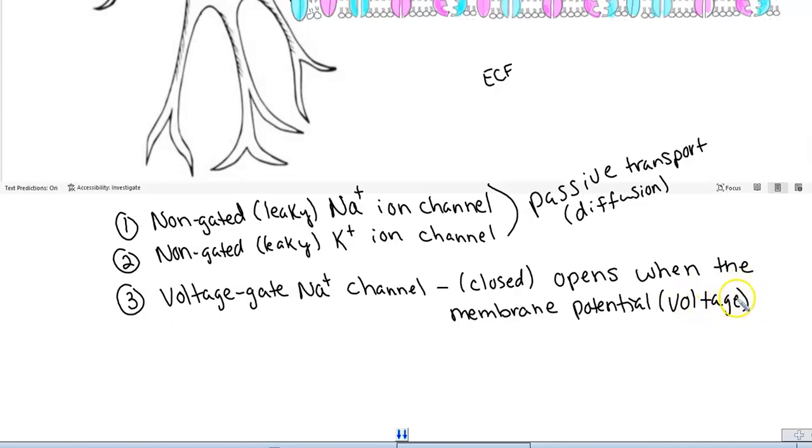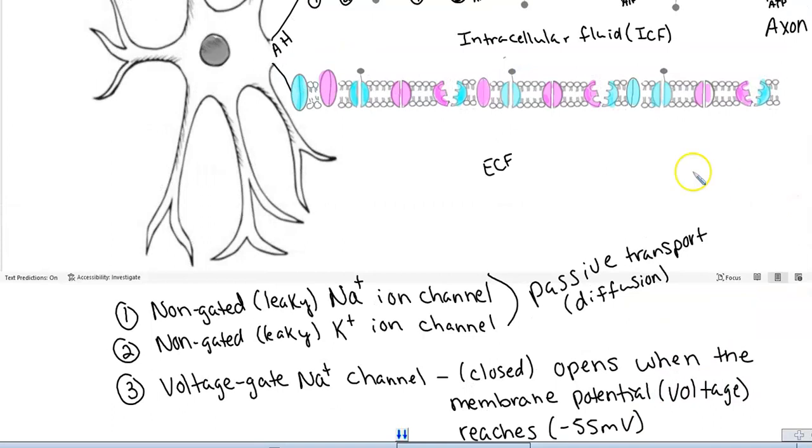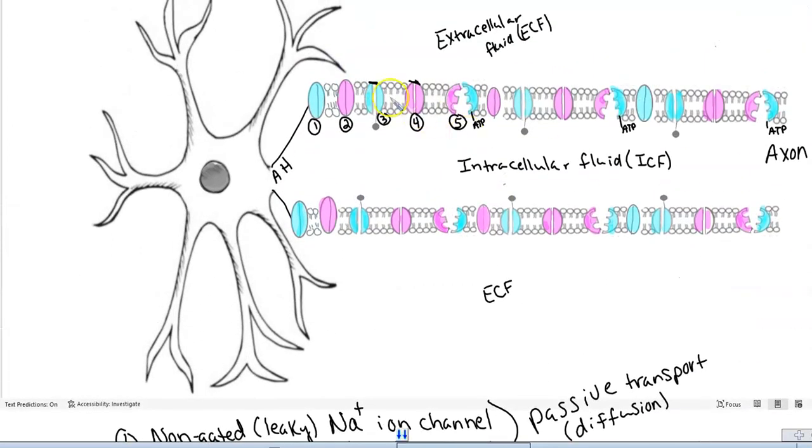So when the voltage reaches a certain level, and that is -55 millivolts, we're going to see that little guy open. This little door is going to pop itself open when it gets to -55 millivolts.